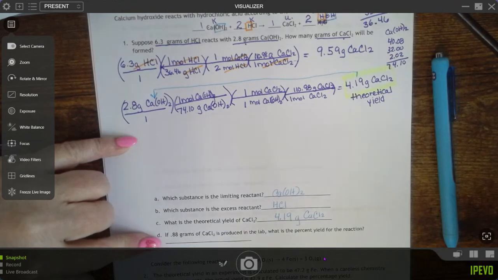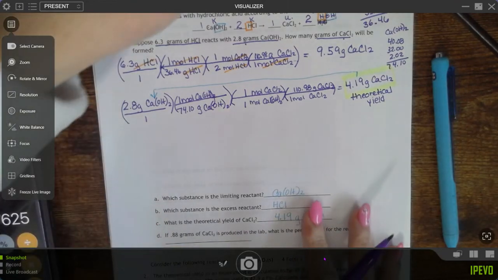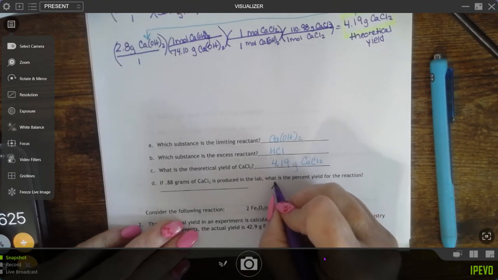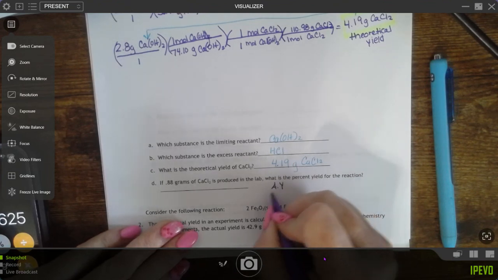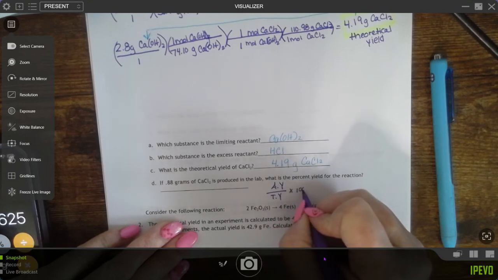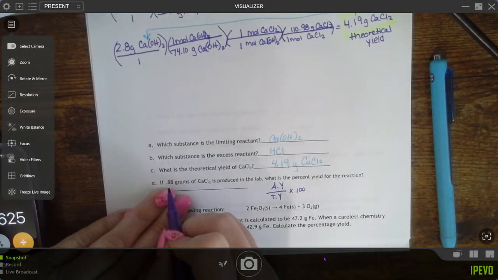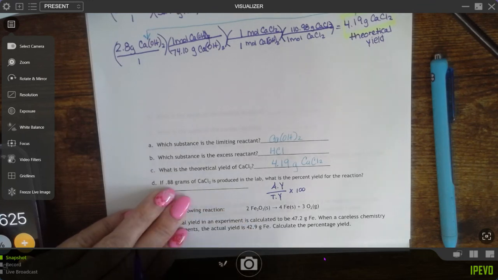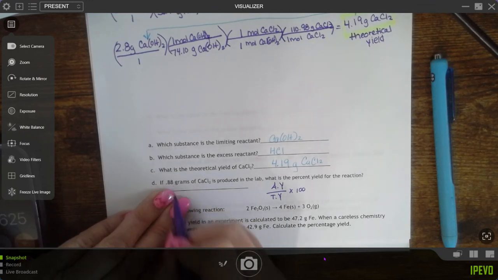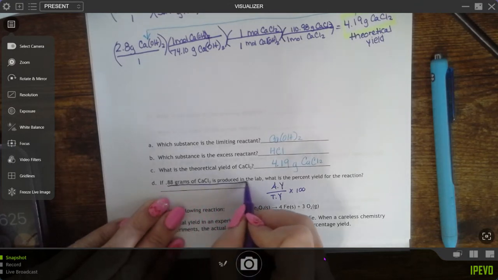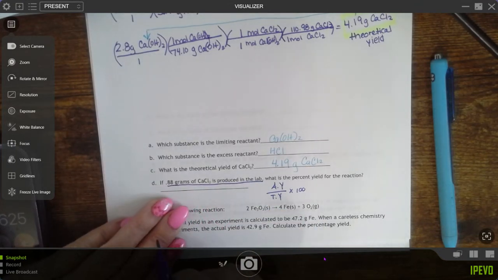And then to figure out percent yield, we are going to take our actual yield over our theoretical yield times 100. Now notice that I changed this. Your worksheet may not say 0.88. Yours may say 18 something. Okay, but I'm going to use this number, and this is my actual yield. It says it is produced in the lab.